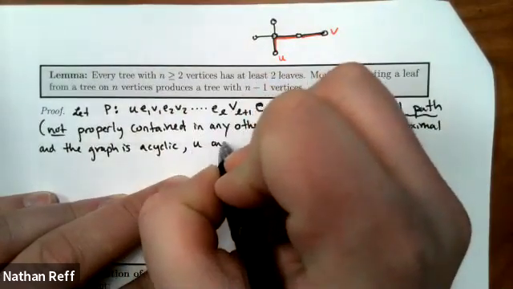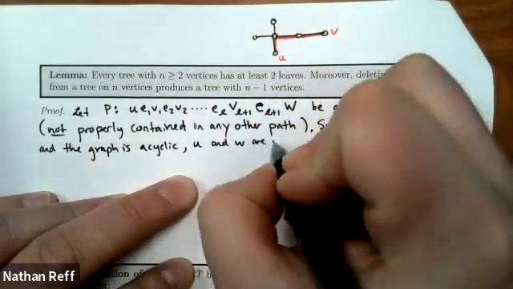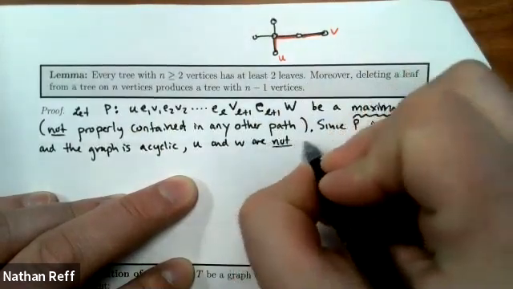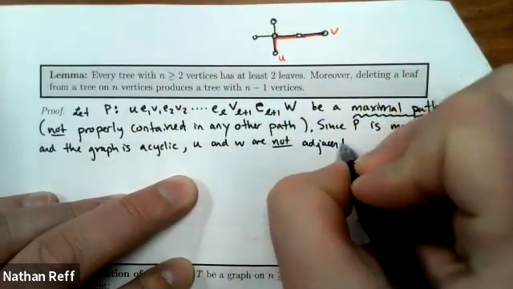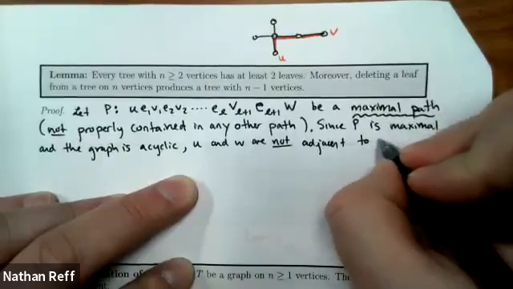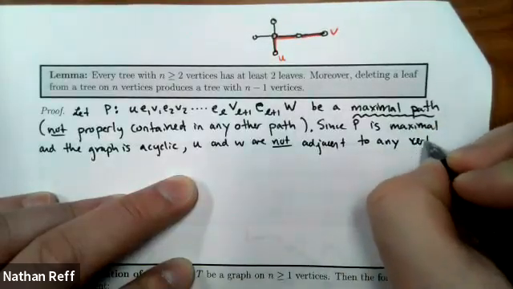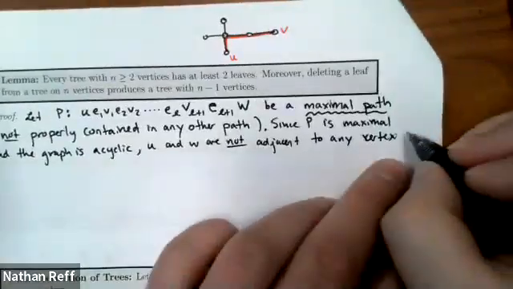In fact, even more generally, w is not adjacent to any vertex on this path P.